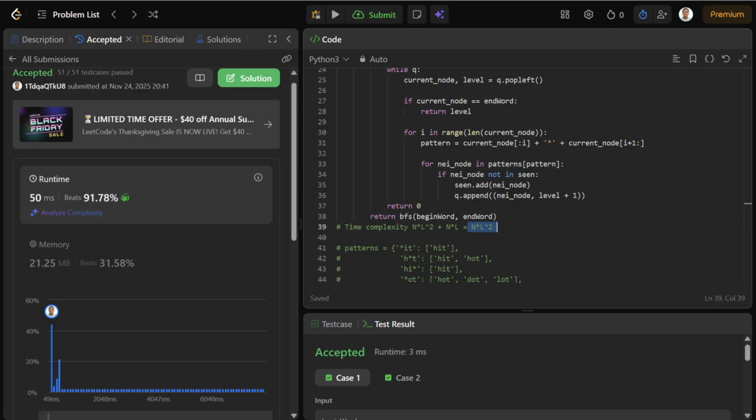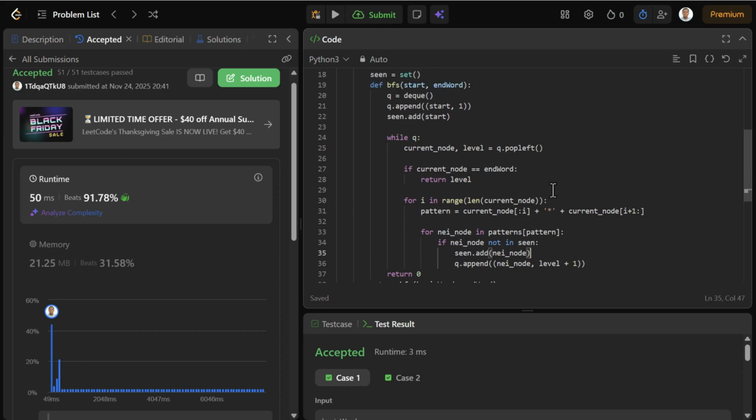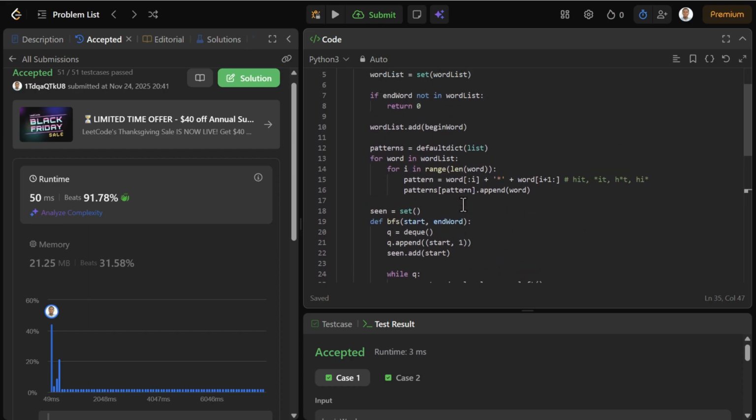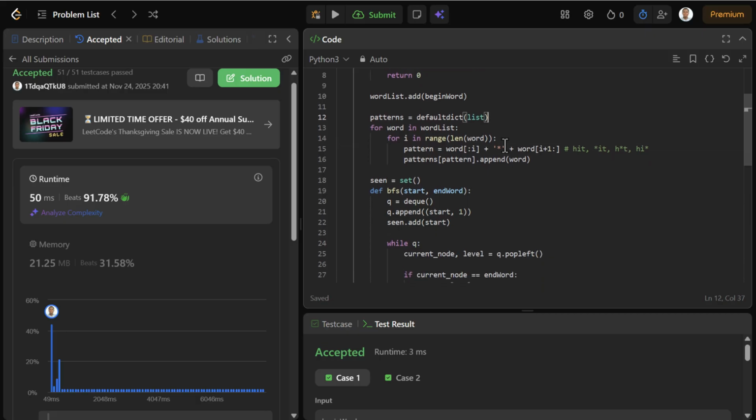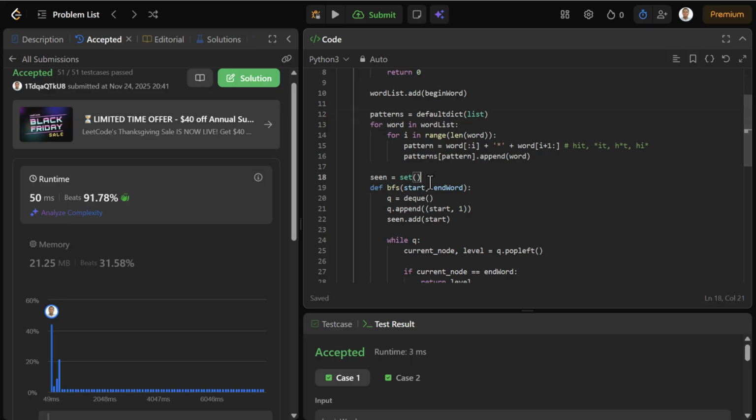And also for the space complexity, building of these patterns here would take n multiplied by L, because we would have n multiplied by L keys. And then for the seen list here, the space complexity would be the number of visited words, which is going to be at worst n.